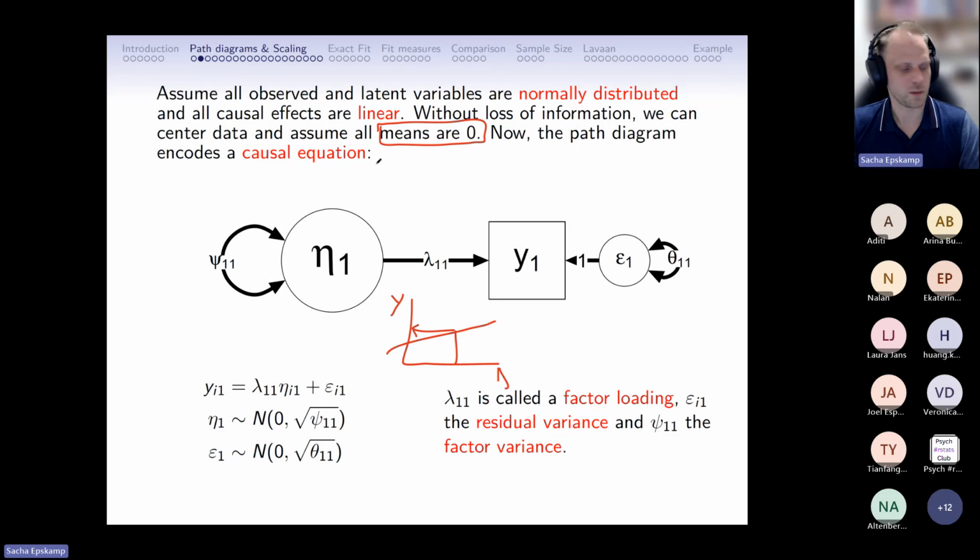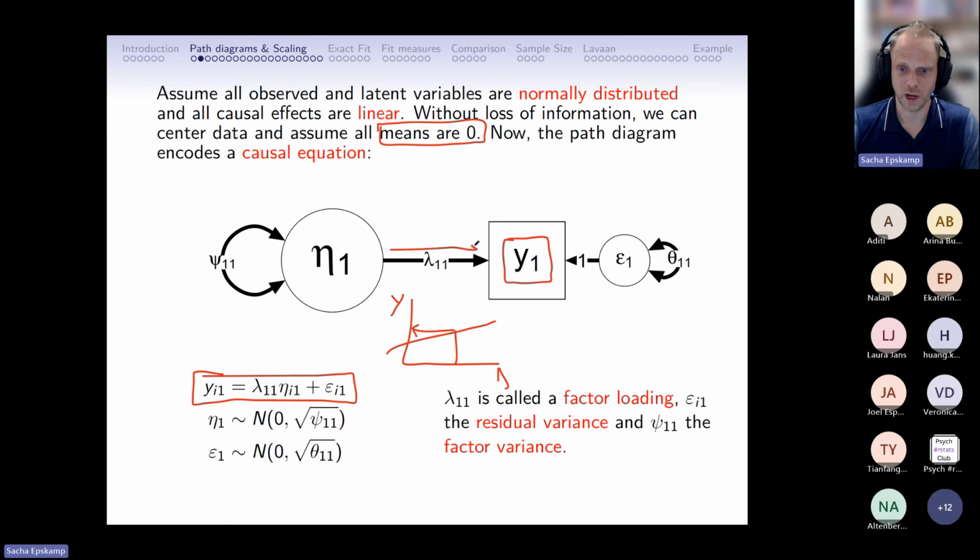Now this path diagram encodes a causal equation, which is this equation here. And that means that basically for this variable, this y, which we call the dependent variable or the outcome variable, the thing we're interested in measuring, we basically just sum all the incoming arrows.